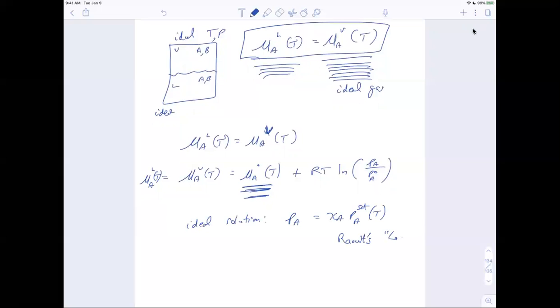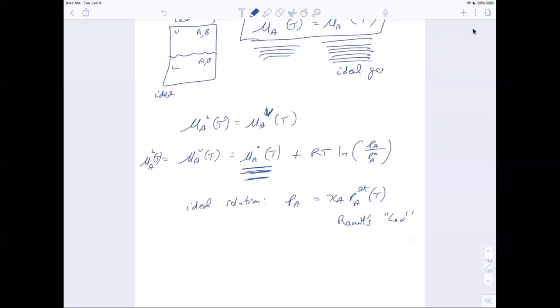Again, it's really just a model of how the vapor pressure of species A above a liquid vapor system is going to be related to the mole fraction in the liquid. Okay, not in the vapor, but in the liquid. So this was our convention.